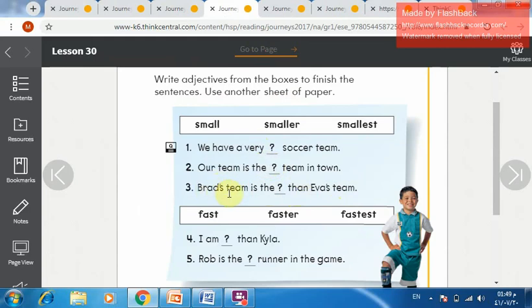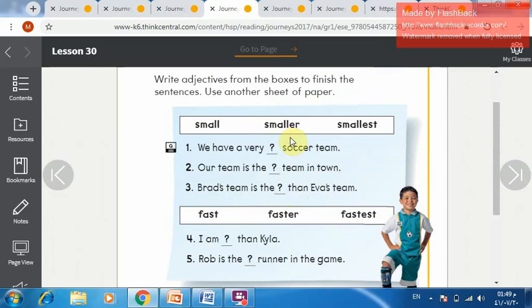And then let's answer. Brad's team is dots than Eva's team. So again, you have to ask yourself how many things I'm comparing here. I'm comparing Brad's team and Eva's team. So here I'm comparing two things, two teams.